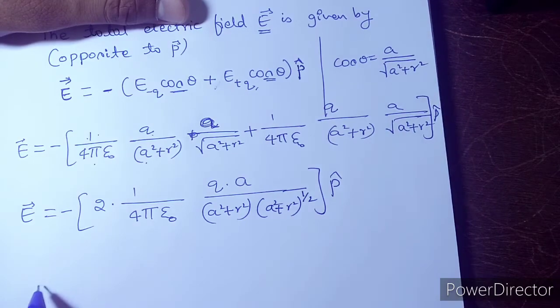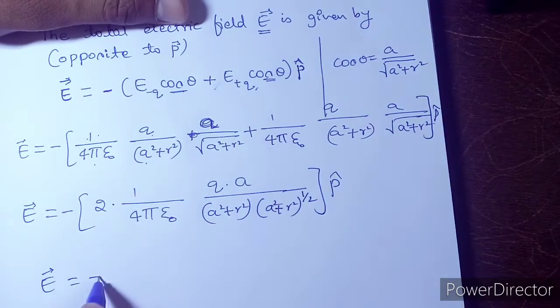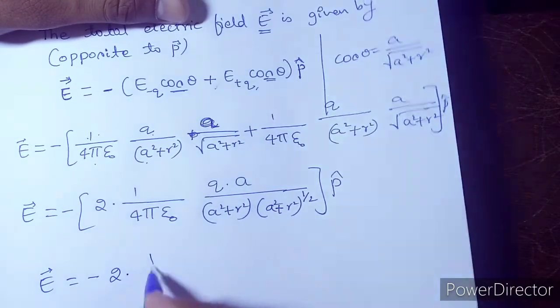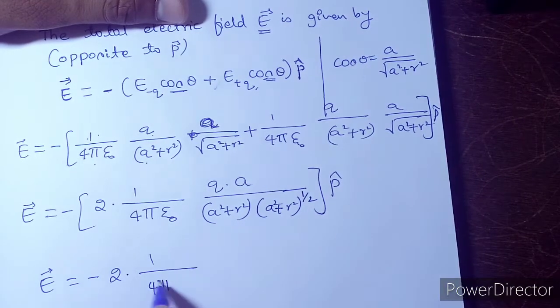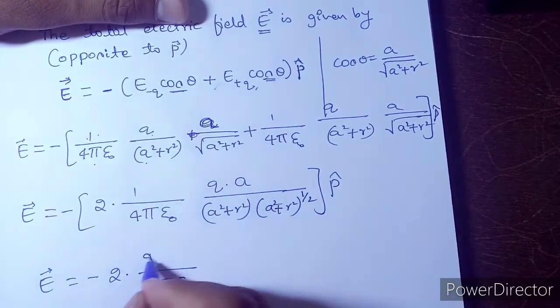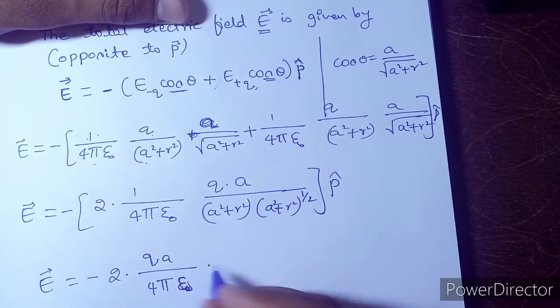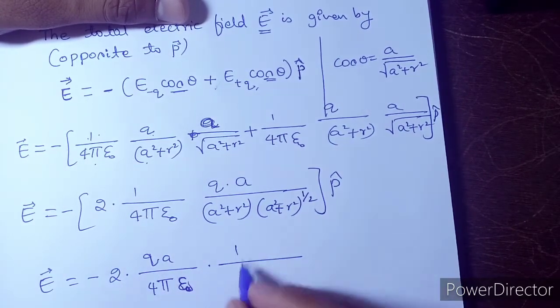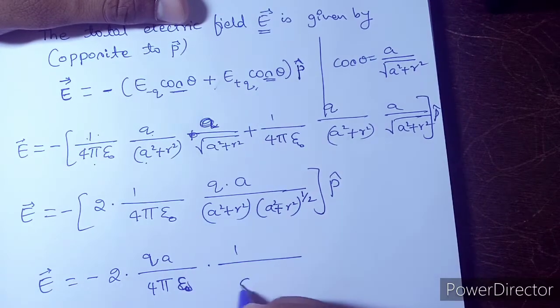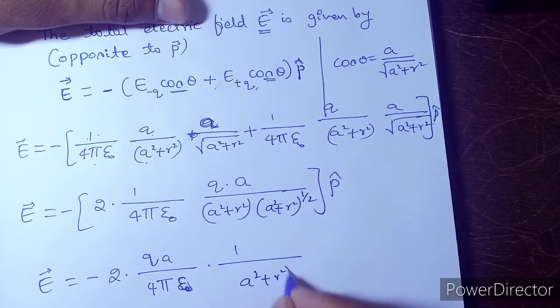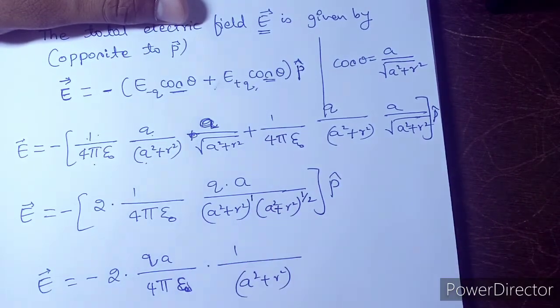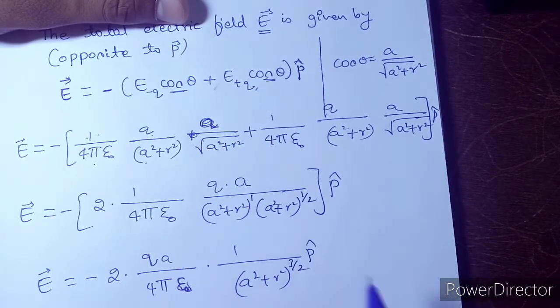If you simplify this, you will get minus 2 times 1 over 4 pi epsilon naught q a into 1 divided by a square plus r square with power 1 plus half, that is 3 by 2, into p cap.